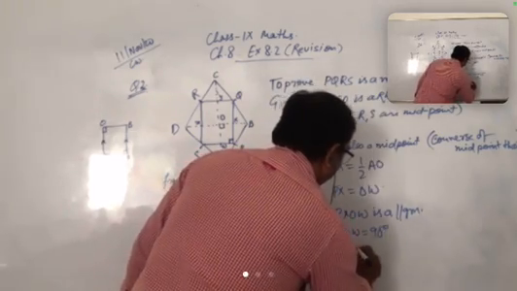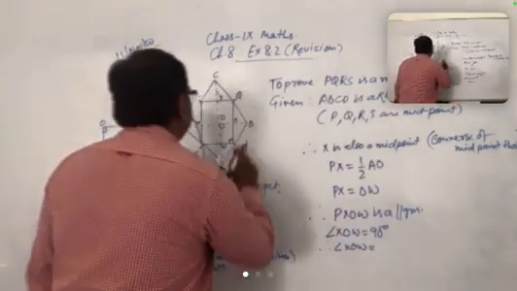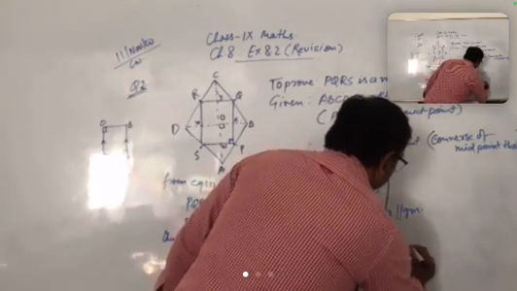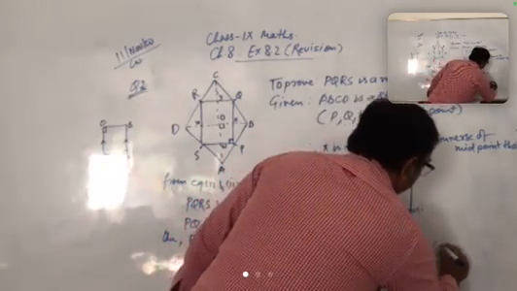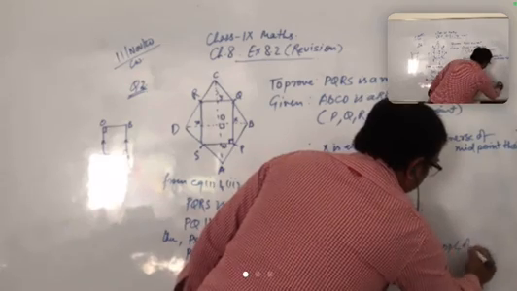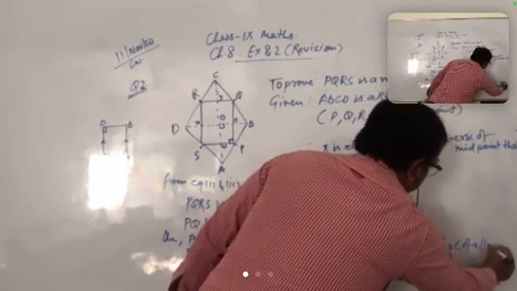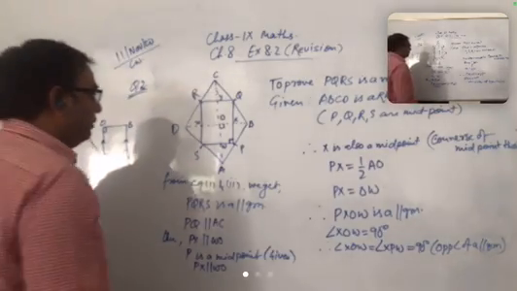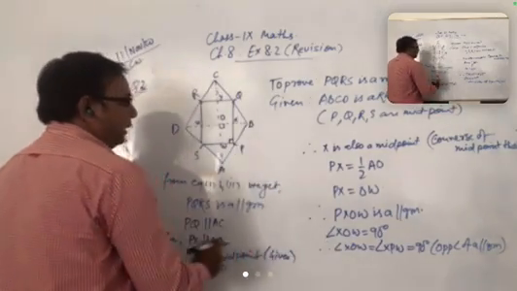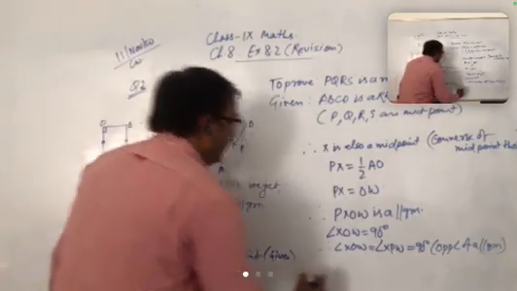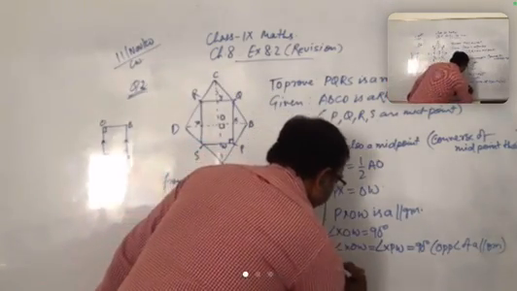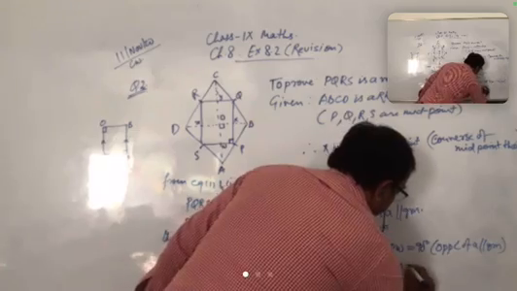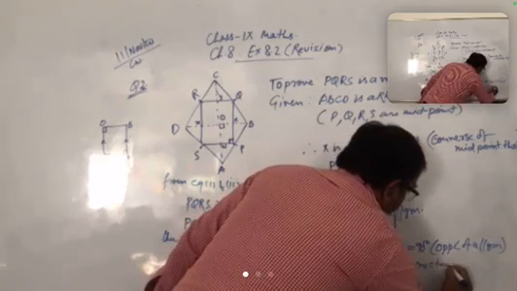Therefore, angle XPW is also equal to 90, the opposite angle of a parallelogram. So if this is 90 degrees, hence PQRS is a rectangle.